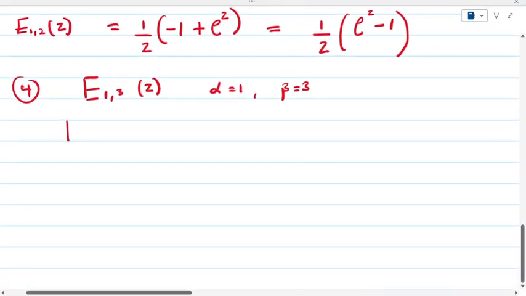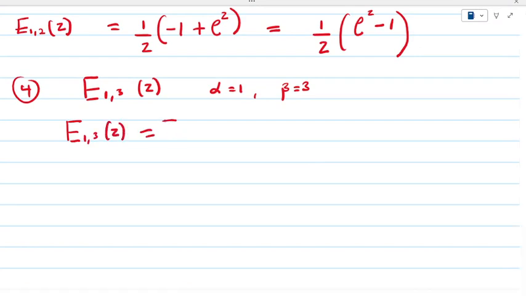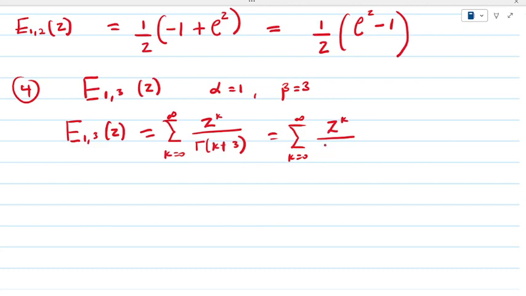Following the same procedure, we have E_{1,3}(z) equals the summation k equals 0 to infinity of z to the power k over gamma of (alpha times k plus beta), which is 3. Taking this to the factorial function, we have z to the power k over (k plus 2) factorial.